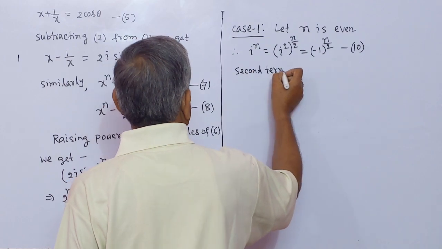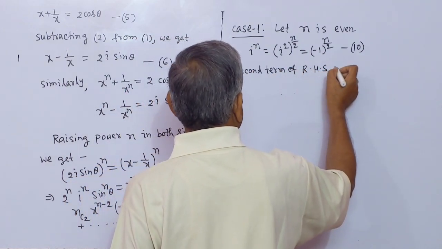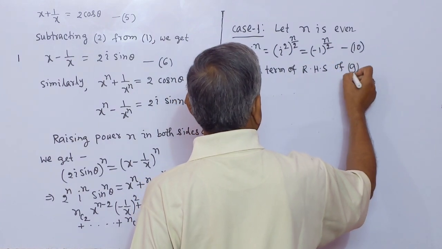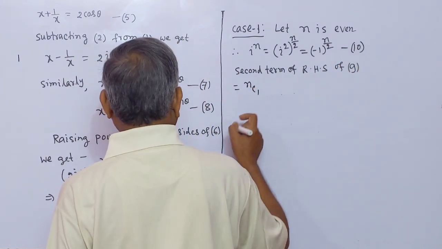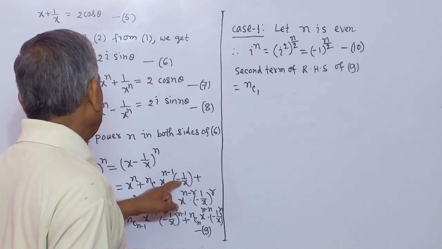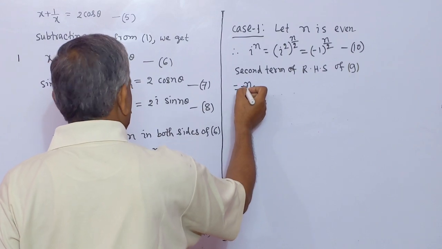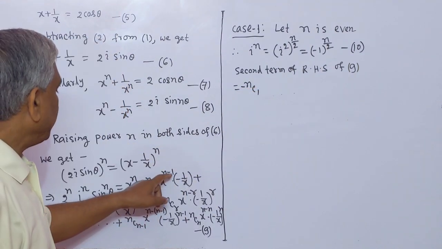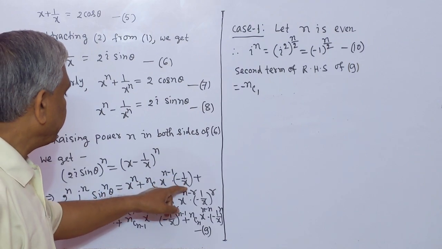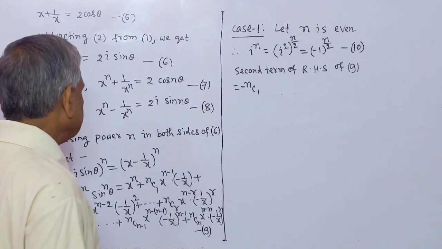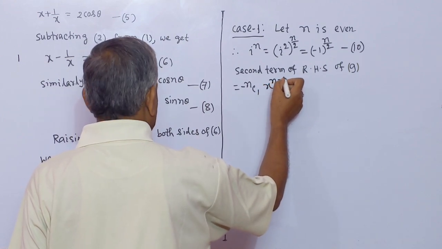Second term of RHS, right side of 9, equal to nC1. Here we have minus sign, so here we write minus. Here x to the power n minus 1 in numerator and x in denominator, so this will be x to the power n minus 2.